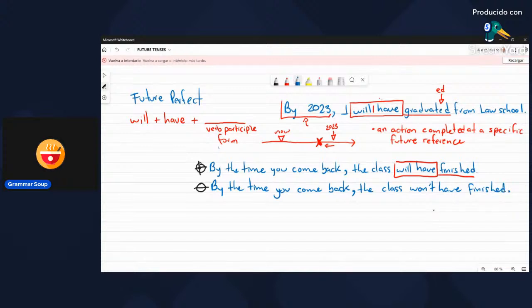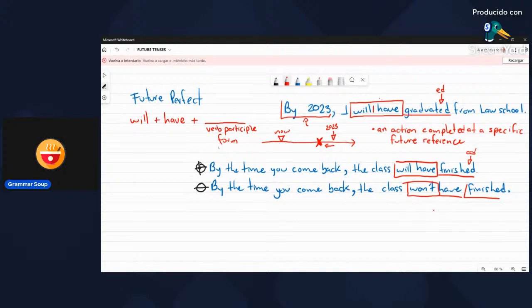As you can see, what I just did was a change in the auxiliary verb. Instead of saying will, I just say won't, right? That's the big change I had. So the class won't have finished. And I'm using another regular verb with ed.